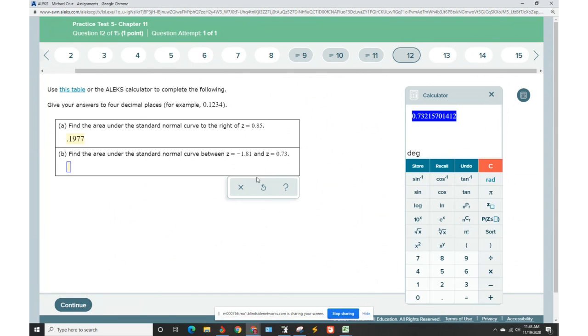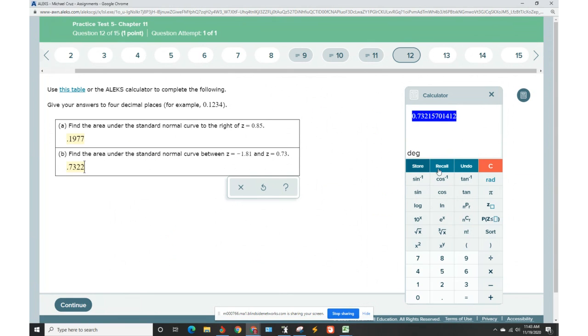So I'm going to write it in here. So it's rounded off to 4. So 1, 2, 3, 4. The 1 bumps up to a 2.